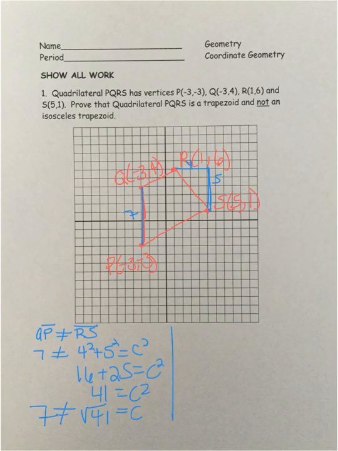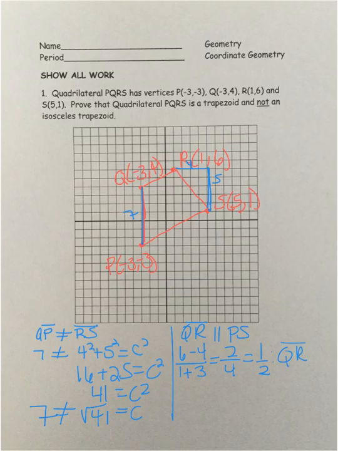And then we want to show that QR is parallel to PS. So that's the slope formula. 6 minus 4 divided by 1 minus a negative 3, which is 1 plus 3. So that's equal to 1/2. That's for QR.